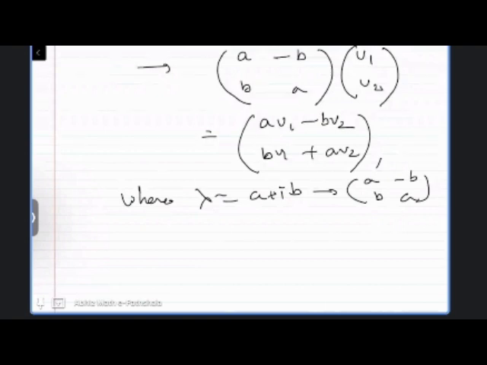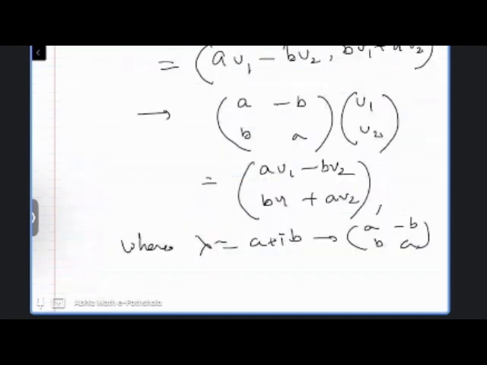This is nothing but actually we are identifying the multiplication law as we have defined the multiplication of two complex numbers.